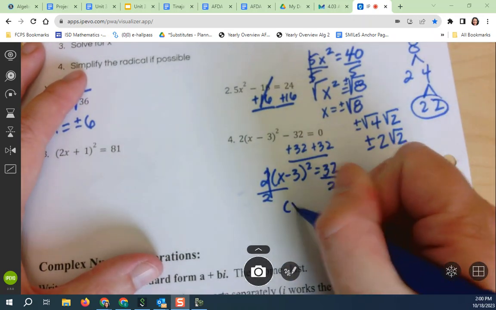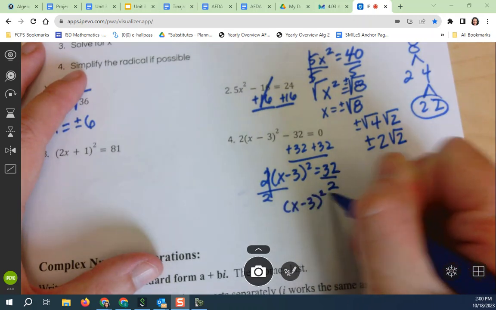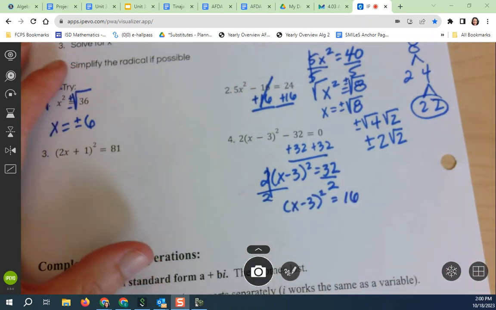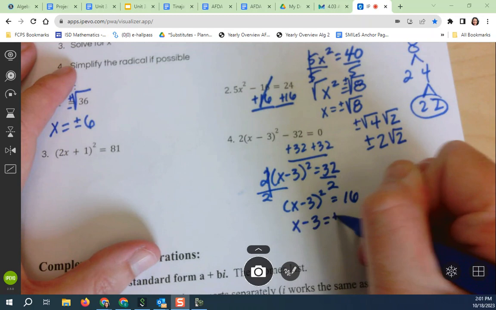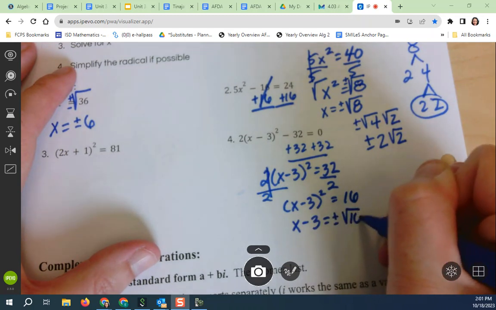All right, so the square of x minus 3 equals 16. How do we get rid of that square? Square root, yes. So x minus 3 equals plus or minus square root of 16.